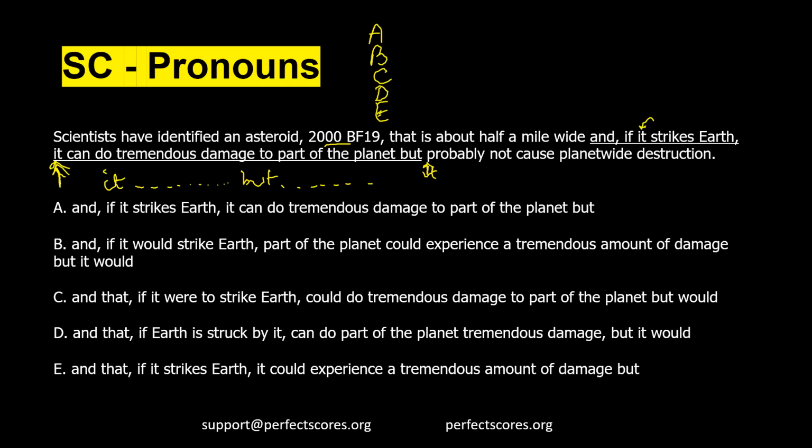So you can say, if it strikes Earth, it can do tremendous damage to part of the planet, but probably not cause planet-wide destruction. Or, if it strikes Earth, it can do tremendous damage to part of the planet, but it probably will not cause planet-wide destruction.